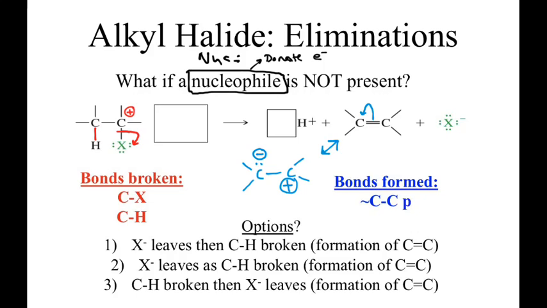Which atom is more electronegative, the carbon or the hydrogen? Yeah, the carbon is slightly more electronegative, which means if I'm going to break that bond, I would expect the electrons to go with the carbon, not with the hydrogen. Well, what happens to the carbon then? It becomes negatively charged.